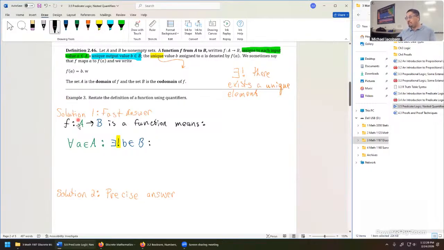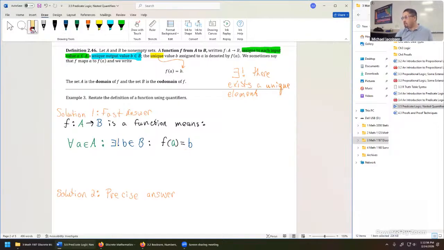But so far we're saying f mapping A to B is a function if for every element in the domain, there exists an element in the codomain such that, let me fix that, F of A equals B. To borrow the function notation, F is mapping A to B. And that B value is unique.